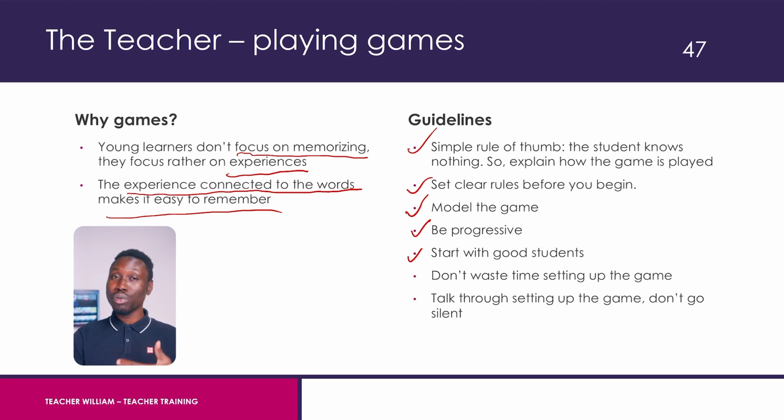So during the progressive explanation of your game and the modeling, you want to use the good students. Okay? I know that maybe Messi is the best student. I'm going to call Messi first. Messi, let's go. Then we play together. She's good at it. All the students will see, and then they can follow.